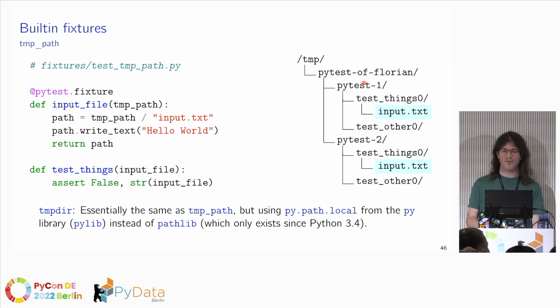Then in there, one directory for every run of PyTest. And then finally, one directory for every test in that run. So here we would see the input.txt in this testing0 folder. By the way, under the hood, the temp path fixture will use this request fixture to find out the name of the test currently running.